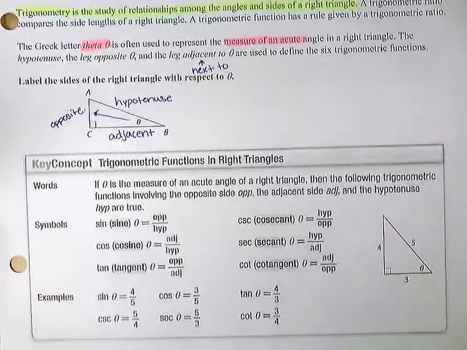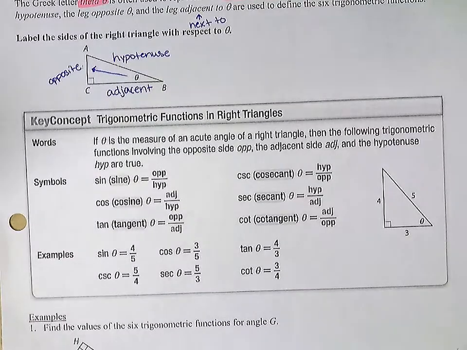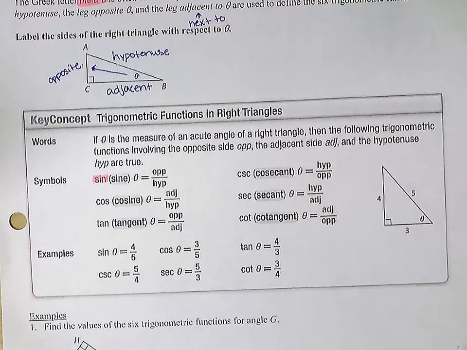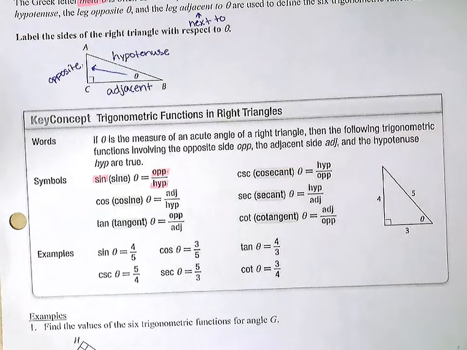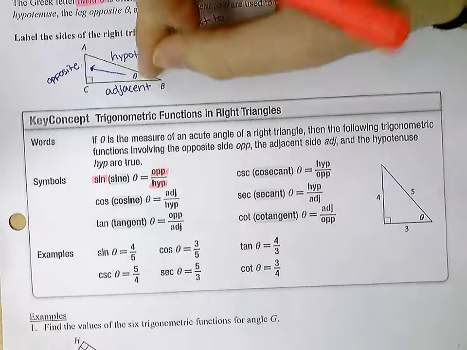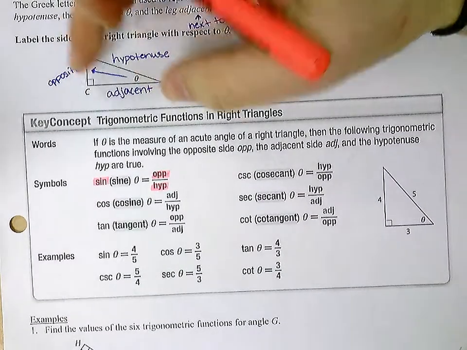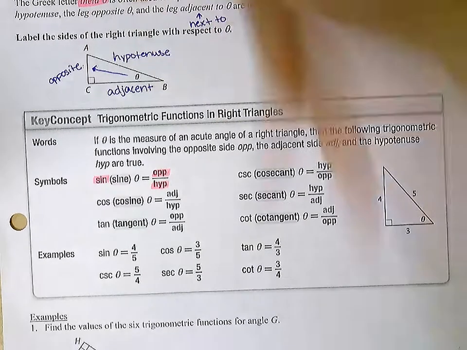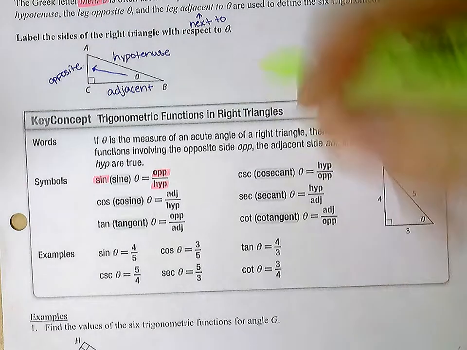So we have our 6 trig functions here. The first one is sine. Sine is opposite over hypotenuse. So you would take sine of your angle theta, and it's equal to the opposite side length over the hypotenuse length. Our next one is cosine.